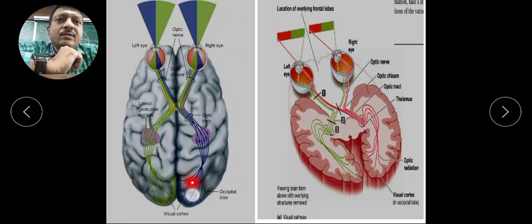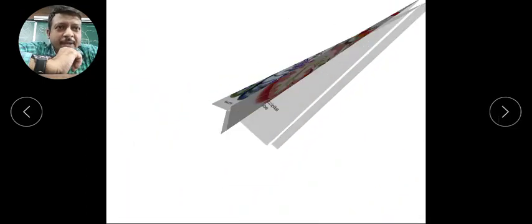So a small injury in the visual cortex does not hamper the macular vision or the fovea centralis vision, as the representing area of the macula or the fovea centralis is very large. Is it clear? Now, next one.